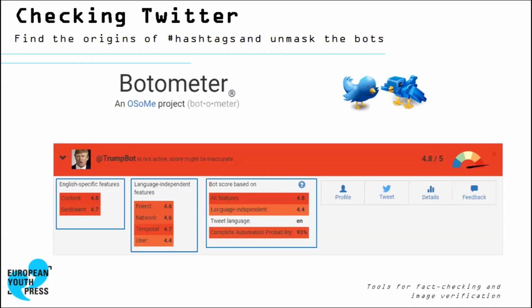The next set of scores combine all of the features in the applicable subcategories into overall bot scores. The all features score is useful for English language accounts, while the other features only score excludes the English-specific features.